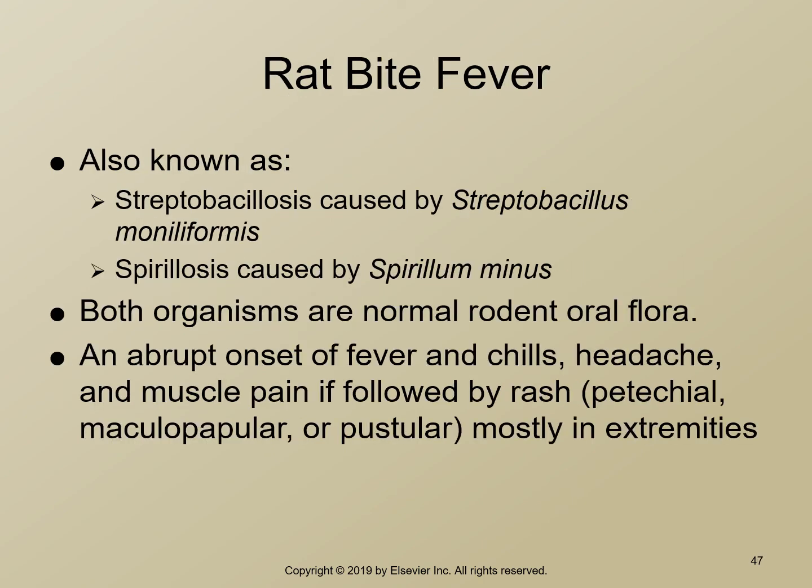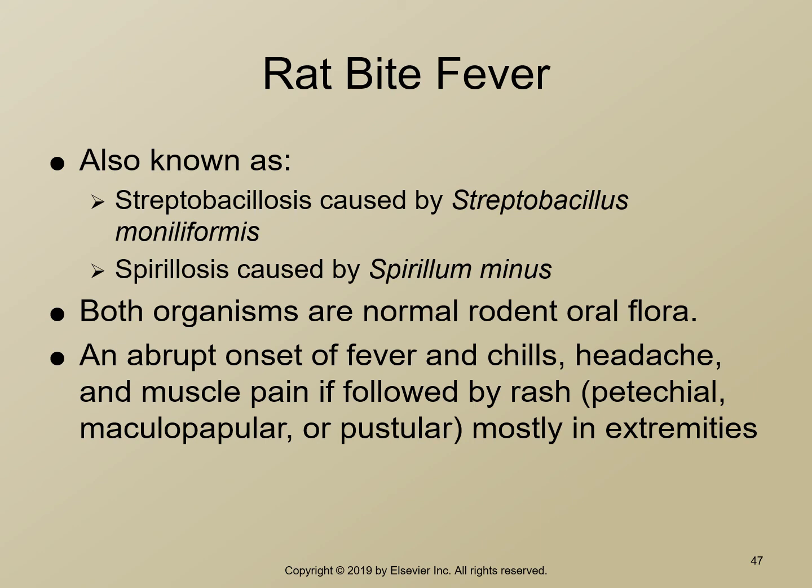Two bacterial diseases that are rare in the United States are included under the general description of rat bite fever. Streptobacillus moniliformis and Spirillum minus can cause this infection. Infection presents with abrupt onset of fever and chills, headache, and muscle pain, followed by a rash that can appear petechial, maculopapular, or pustular, and the rash mostly occurs in extremities.